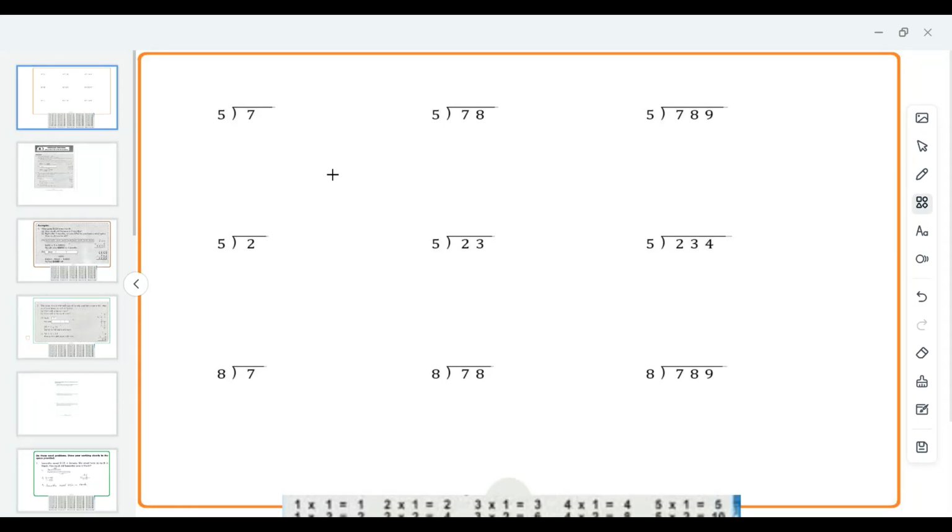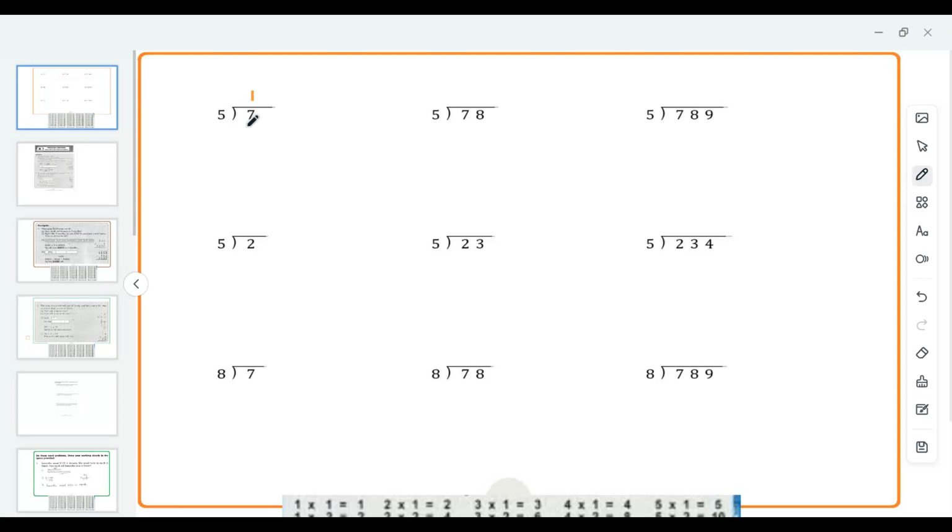The first one, 7 divided by 5. So we know this one. In the 7, there is 1 5 in 7.